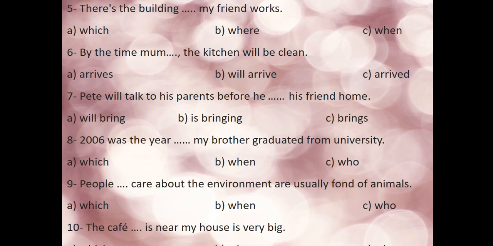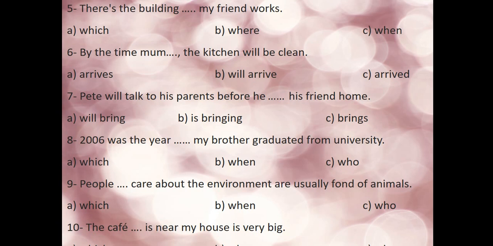If I want to speak about this building's job, the sentence could be: there is a building which sells a lot of sweets or candies. At this time I will use which. So here I'm talking about the building's job. But if I'm talking about the building as a place, like in this example number 5, I will use where.